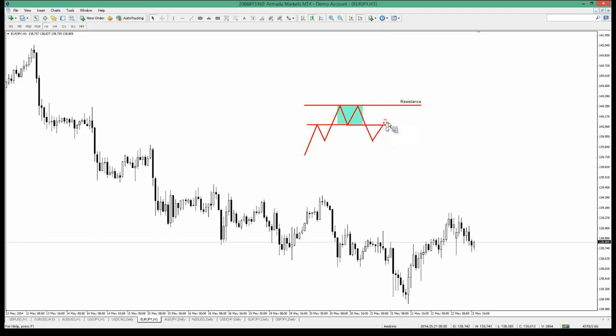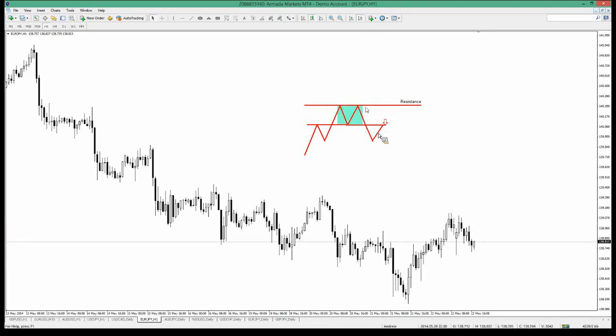That's what you're looking for. Or you may have a previous run here where you have support, and it may be a Quasimodo pattern, but it doesn't have to be. It doesn't necessarily have to be taking out any swing low points down here. It's more just this consolidation phase, this range.